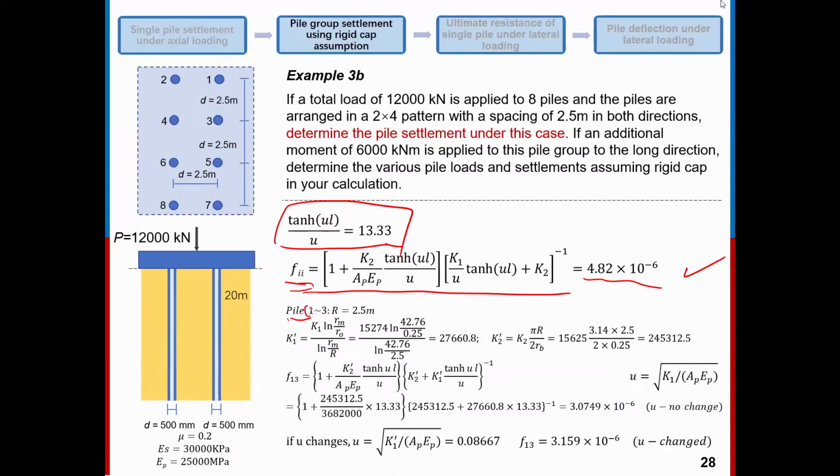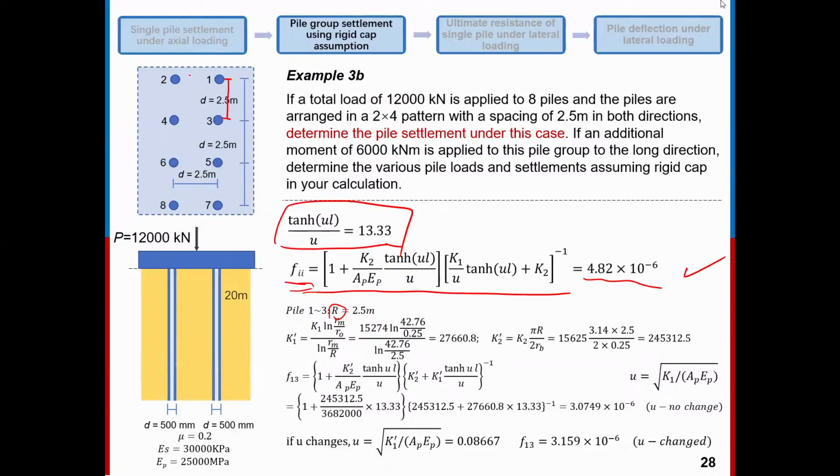For example, the settlement of pile 1 contributed by the pile 3. So first of all, as I mentioned to you, the only thing that matters is the distance. This is not the radius, it's the distance between two piles. You can see here, for the pile 1, the R value from pile 3 to pile 1 is equal to 2.5 meters, right?